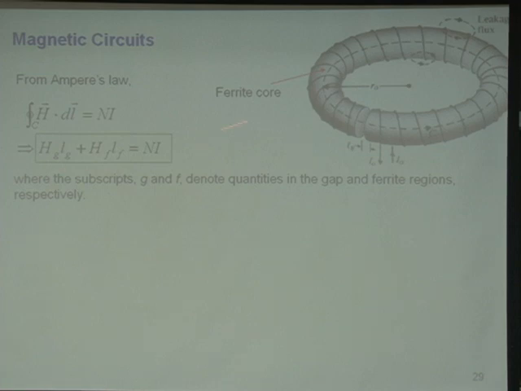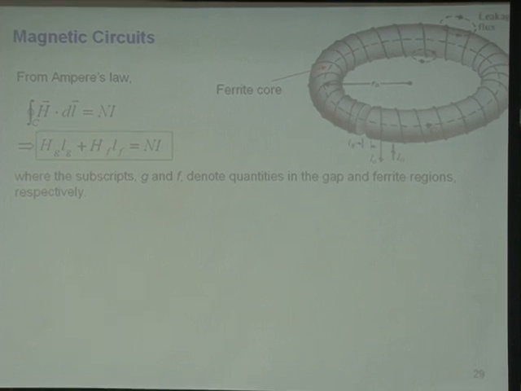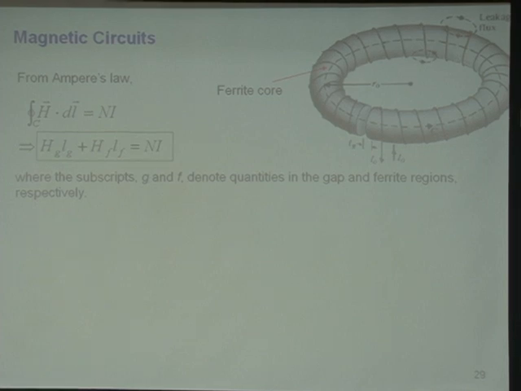The G stands for the gap, and the F stands for the ferrite. At this point, you don't know yet what Hg and HF are. You need to find the relationship, because this equation has two variables, Hg and HF. You need to find another equation to solve these two variables.